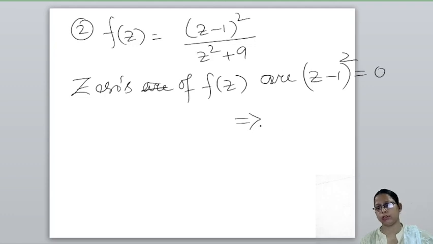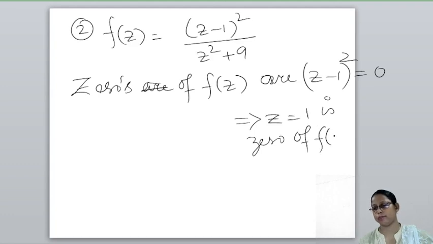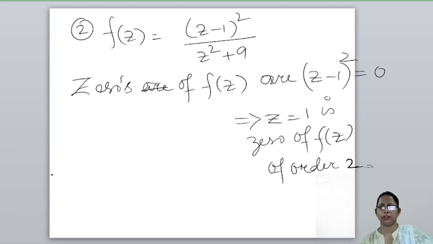This implies z equal to 1 is a zero of f(z) of order 2, as here the power is 2.